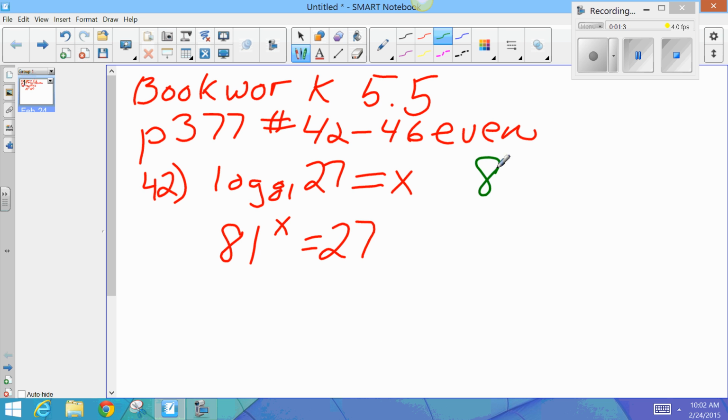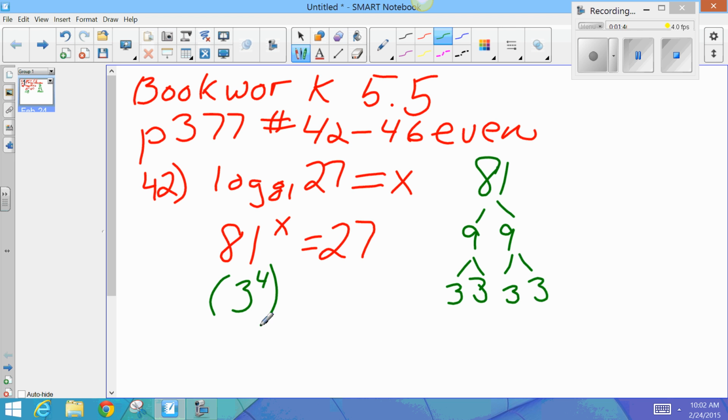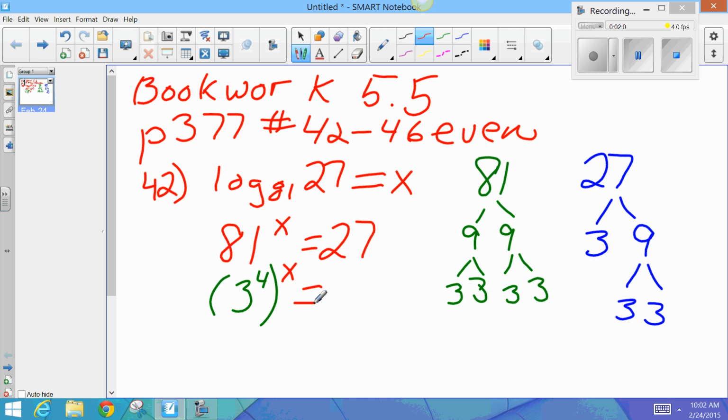If I take 81 and do a factor tree for that, I find out that 81 is equal to 3 to the power of 4. All right, and now I'm going to do a factor tree for 27. So 27 is equal to 3 to the power of 3.